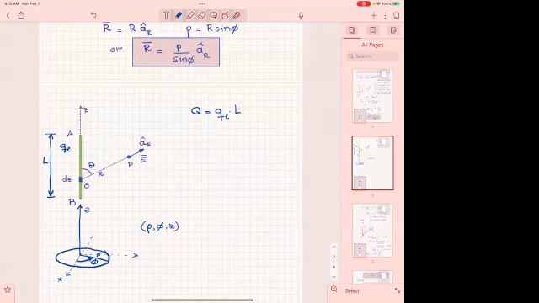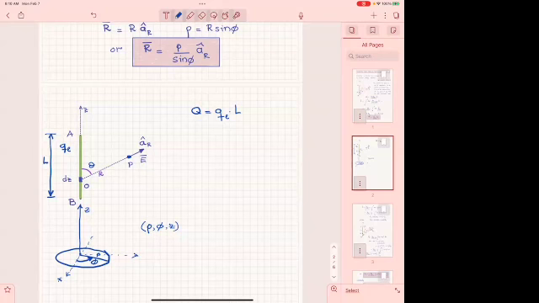That is important. However, why can we not use exactly the same approach as we did for the infinite line? Because now our solution depends on z.